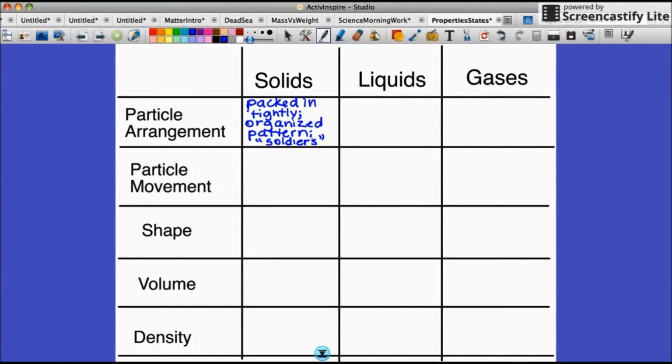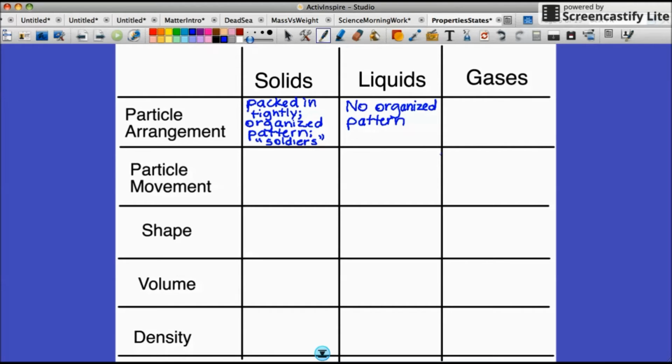Now, what about the particles in a liquid? Are they in an organized pattern? No. Yes, you're right. So no organized pattern for liquids particles. So it makes sense that solids have a shape, whereas liquids do not, because there's no formation there.